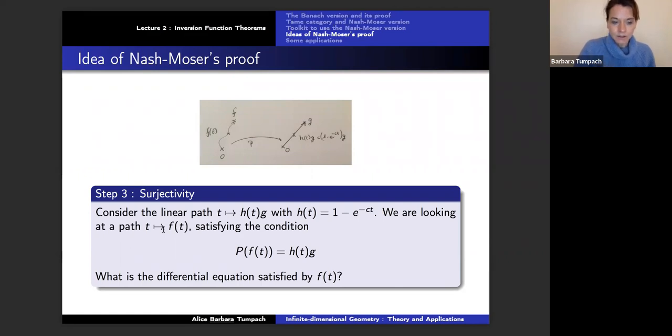We are considering a linear path, T mapped to H_t of G. H_t is given by this formula, and we are looking at a path satisfying that the image of F_t is exactly H_t of G. So the image of the path we are looking for is this linear one. What kind of differential equation is satisfied by F?